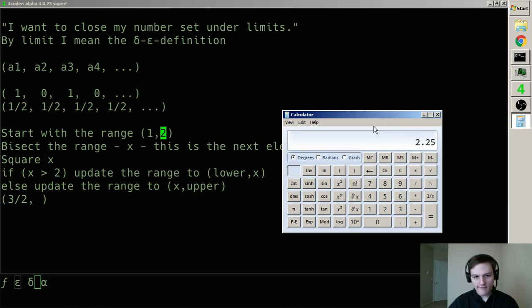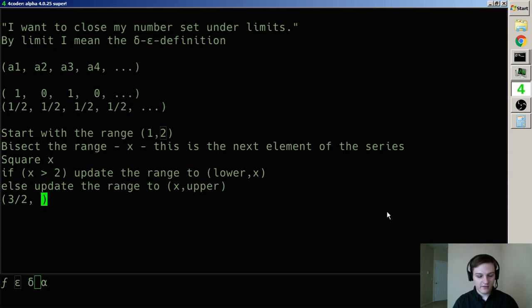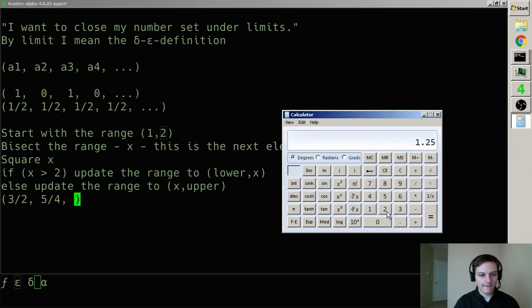So, if I'm now going between 1 and 1.5, let's bisect that: 1 plus 1.5 divided by 2 is 1.25. As a fraction, that's 5 over 4. Now let's square that.